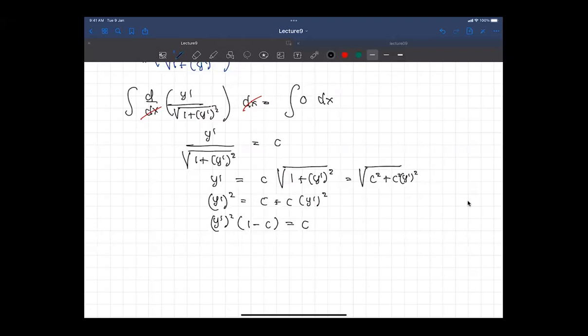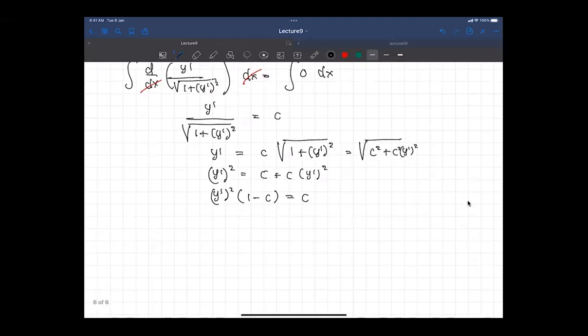Okay, almost there. y prime, which is dy dx, right? Equals to square root of c over 1 minus c, equals to c. Yeah. And we integrate this one, dx and dx here.